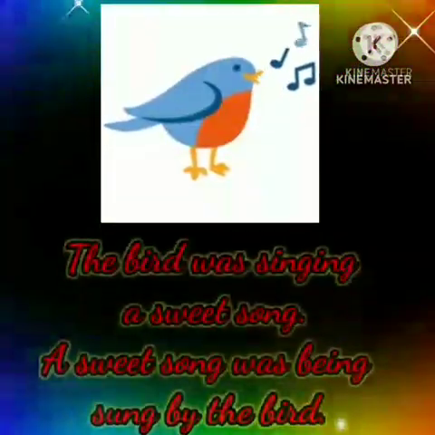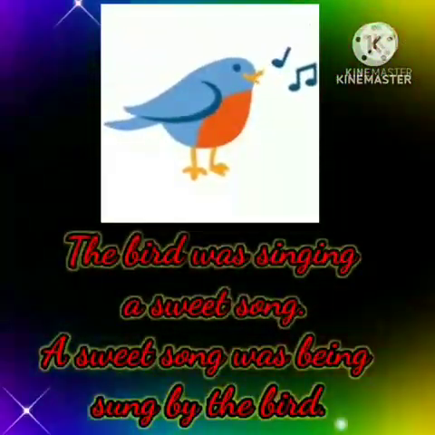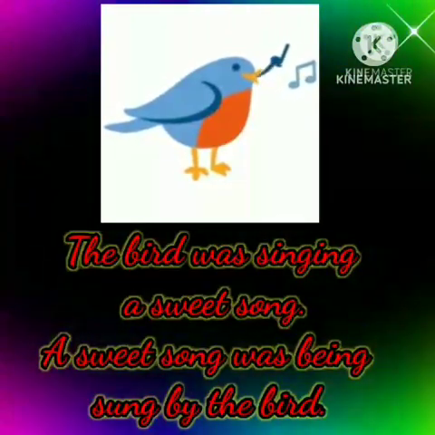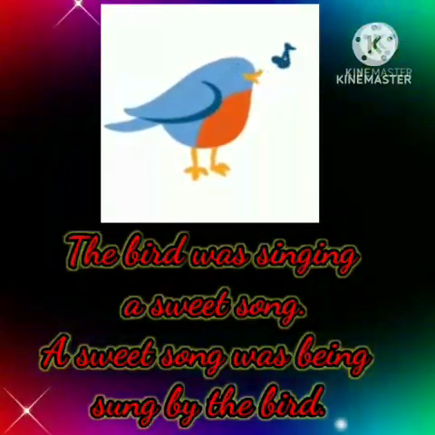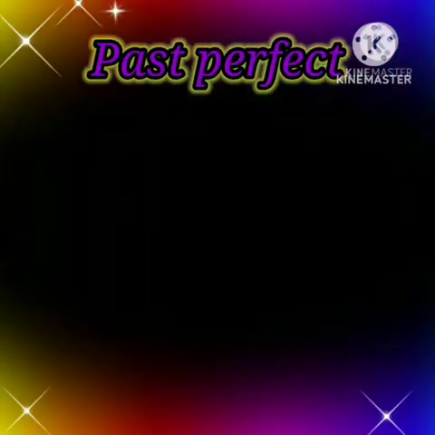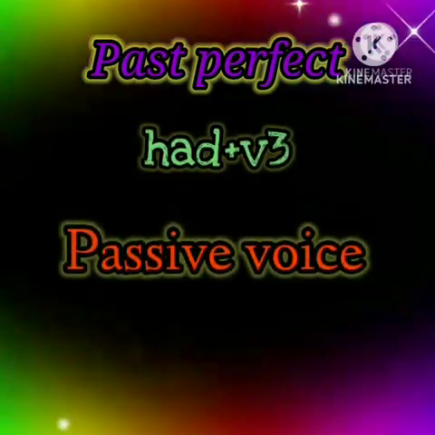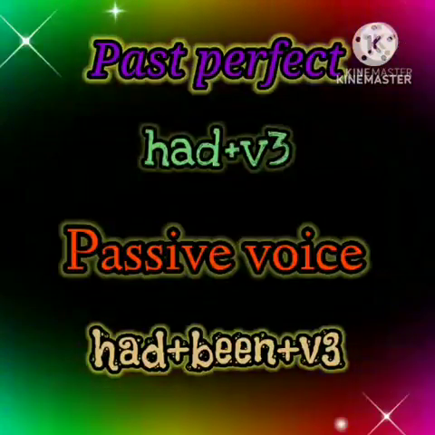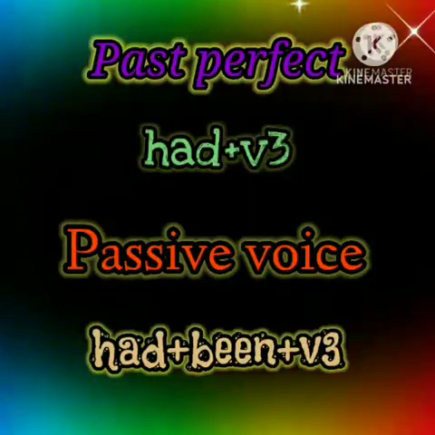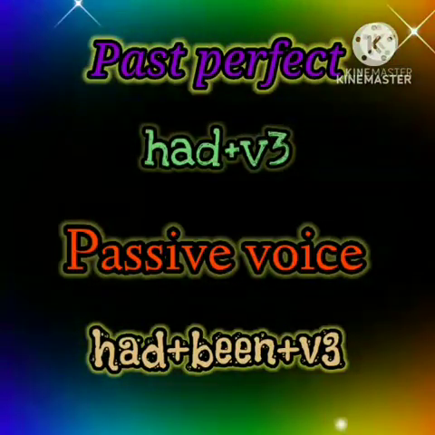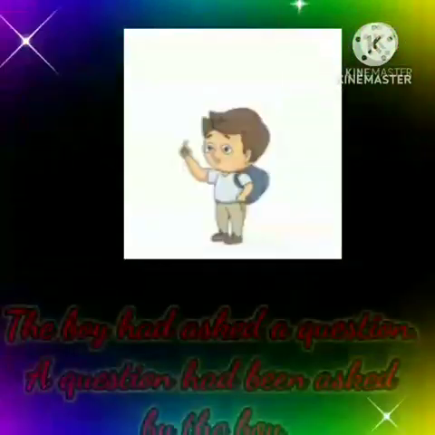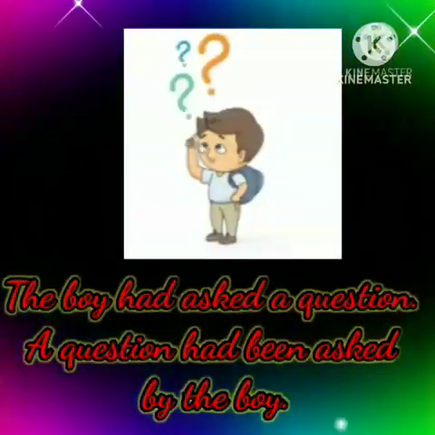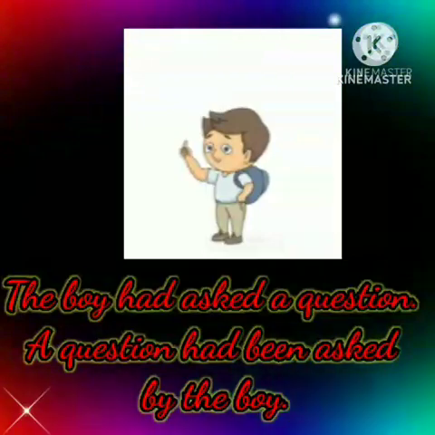The bird was singing a sweet song. A sweet song was being sung by the bird. That's all. And past perfect, had plus V3. The same, had been plus V3, we should write. Like present perfect, we have included been alone here also. The boy asked a question. A question had been asked by the boy.